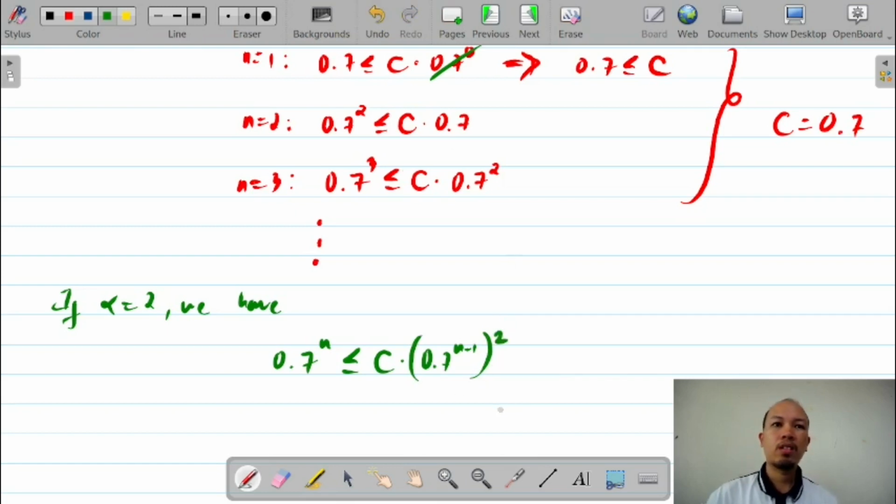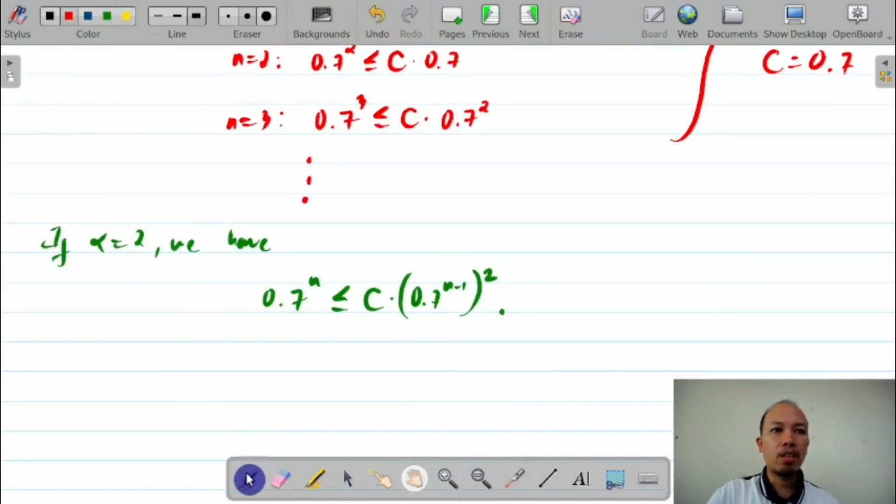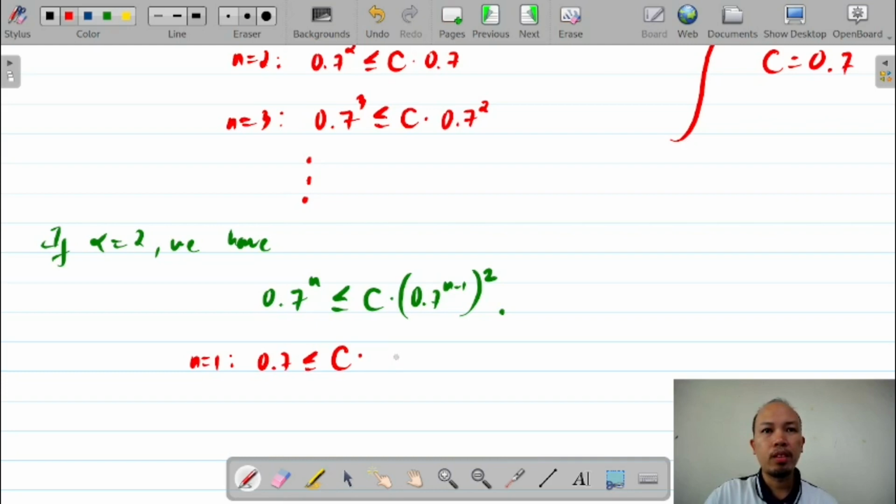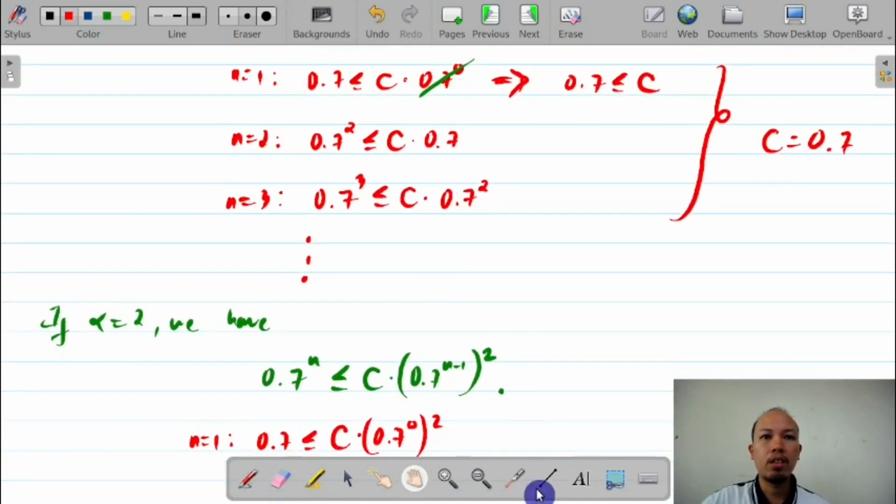If we substitute some values of n, let's say n is equal to 1, we have 0.7 less than c times 0.7 to the 0 raised to the power of 2, the same as here.